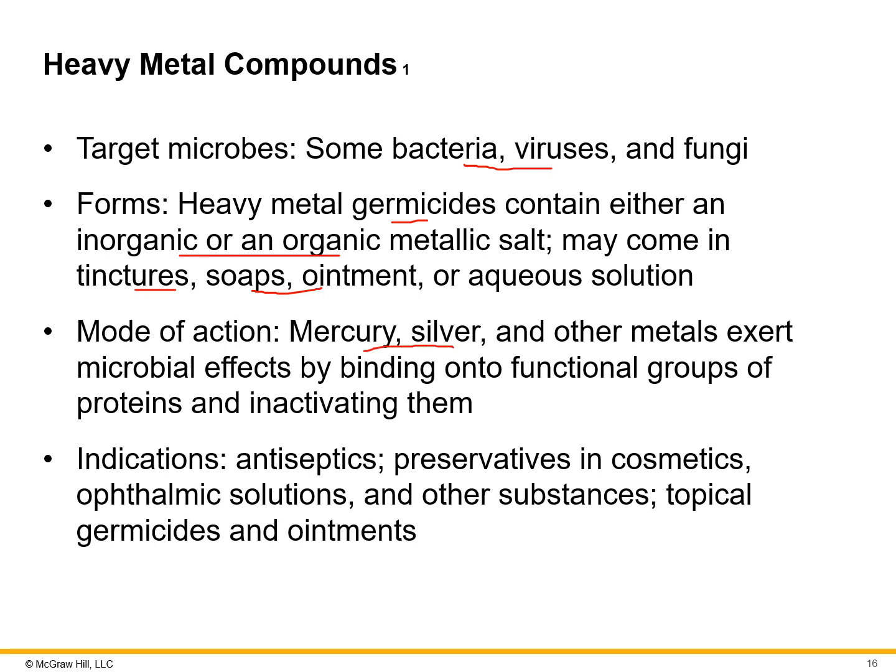Mercury, silver, and other metals exert their effect by binding to functional groups on proteins. So that's their target, altering the shape of those proteins and inactivating them, causing damage to the cell. These are good for antiseptics, also preservatives in cosmetics, or eye solutions, or topical creams and ointments.